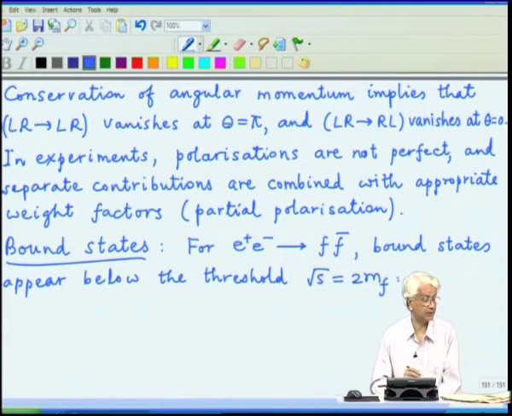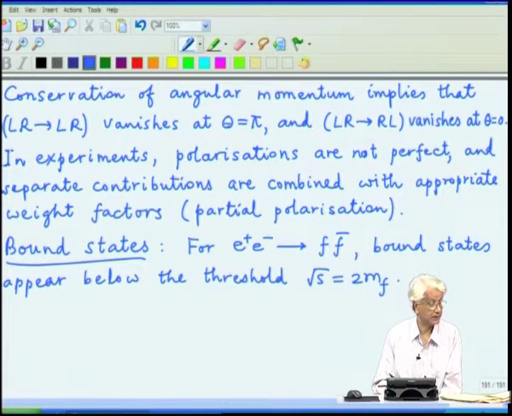The question is, can the formalism which we have set up be used to predict some features of this bound state? The answer is yes, if we are a little bit clever.